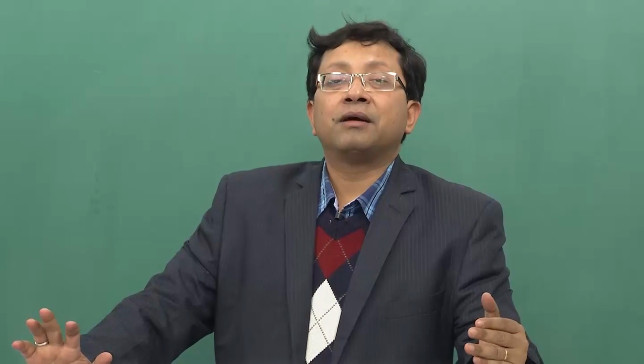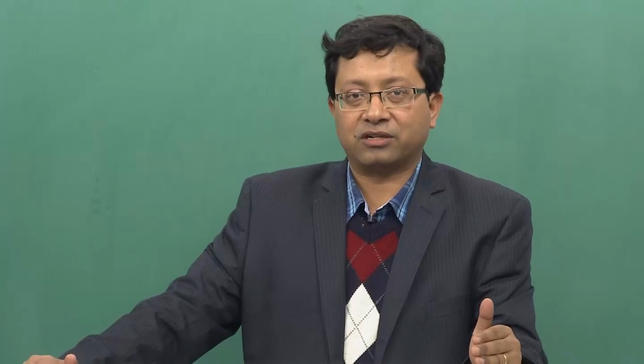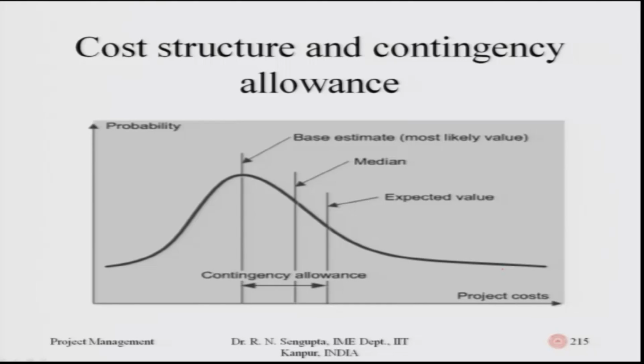Even though solving those may be difficult, we will still try our level best to take those objectives into consideration. So, the graph shows that you have the base estimate of the costs.